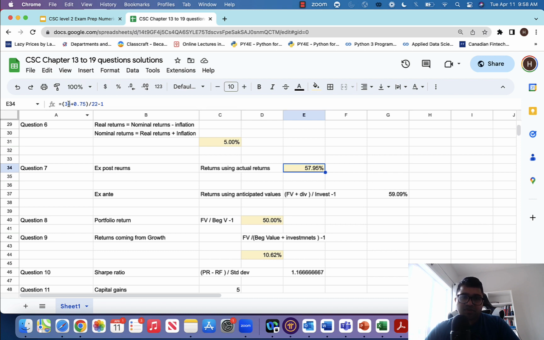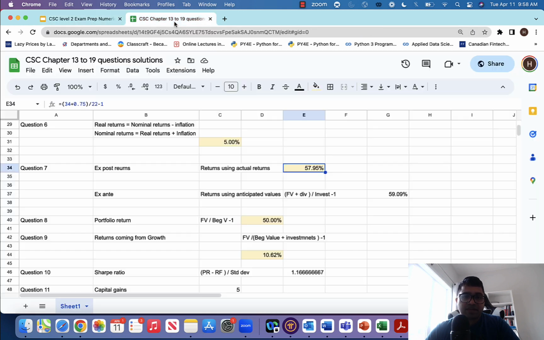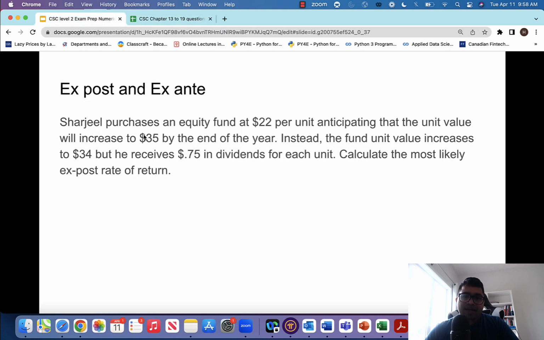So please note, I'm using the actual numbers. Ex post is actual returns, right? So actual returns were 22 to 34 plus 75 cents of dividend. So 34 plus 0.75 divided by 22 minus 1. So his ex post returns are 57.95%.